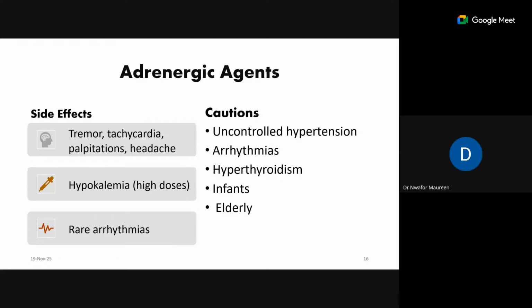These agents can cause arrhythmias, so we should get acquainted with our patients and be very cautious. They can cause uncontrolled hypertension. We should be very cautious when using adrenergic agents in patients with arrhythmia or thyrotoxicosis. Infants, we're going to talk about the pediatric considerations when giving these inhaled agents as we go on.